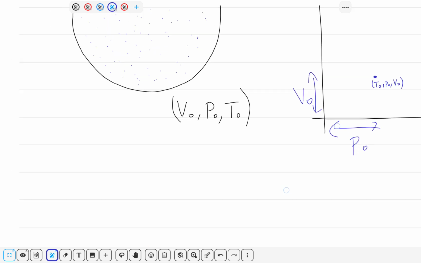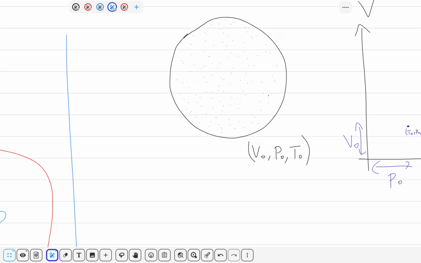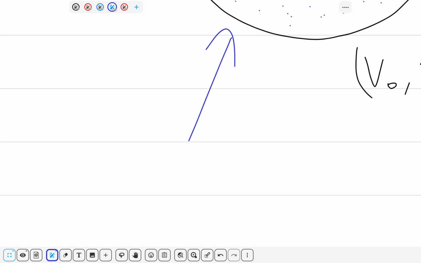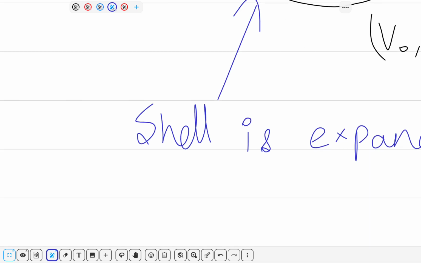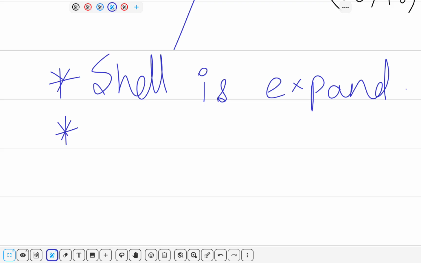Now what I will do is, let's say that this shell is elastic. It has the ability to expand, and it is ultra strong, heat resistant.